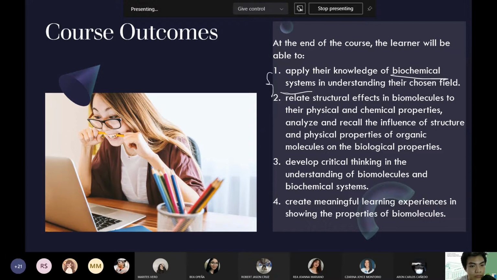And also, we should look into the structure effects of the physicochemical property of biomolecules. Sa biochemistry kasi, we have this notion that yung structure and yung function are heavily related to one another. If there is something wrong with the structure, there will be something wrong with the function as well.